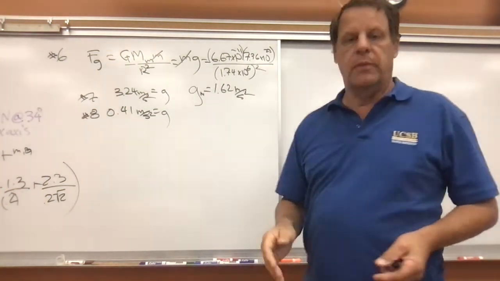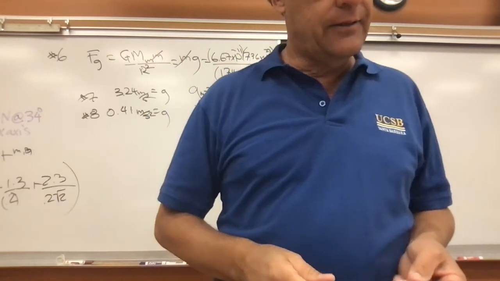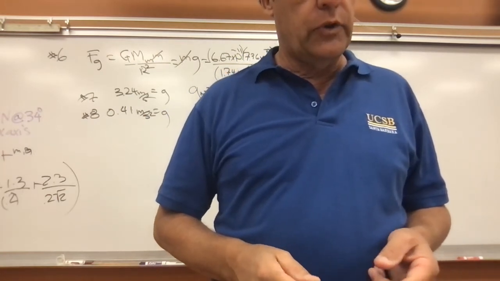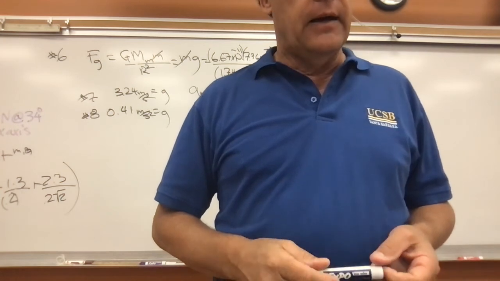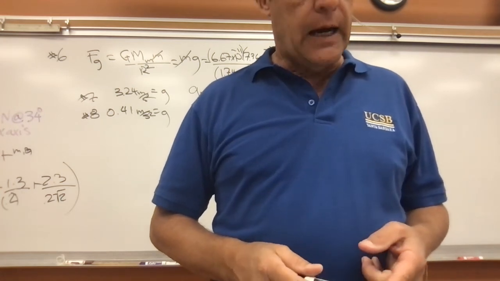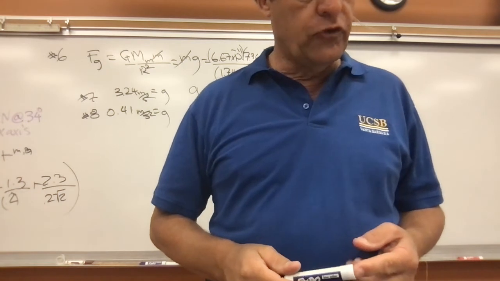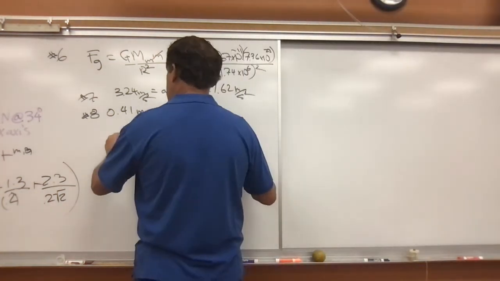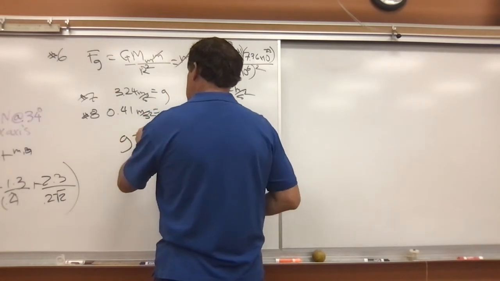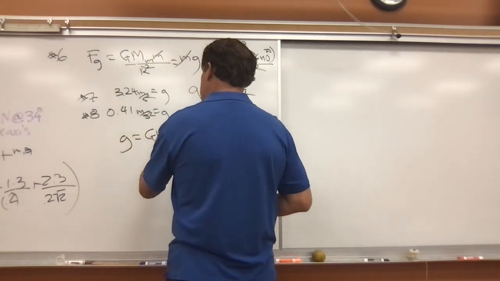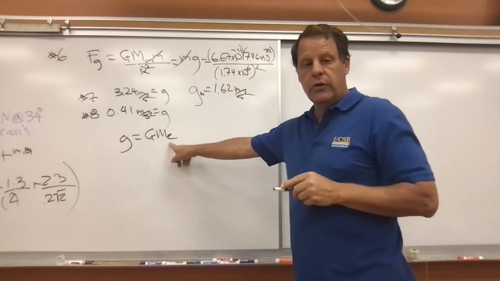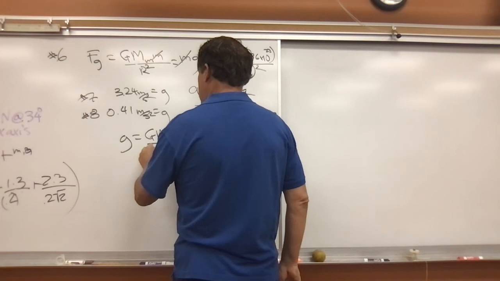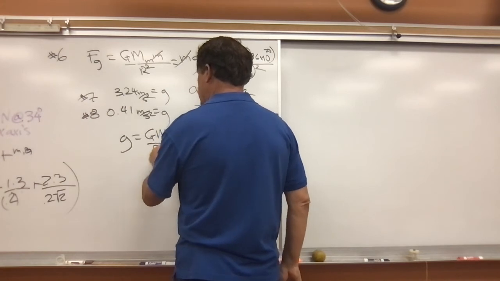Question number 9 is asking us, at what altitude above the Earth's surface would the acceleration due to gravity be 4.9 meters per second squared? Okay, so now we're going to have this equation. g is equal to big G times the mass of the Earth divided by the radius squared.